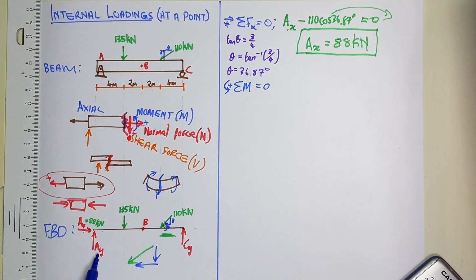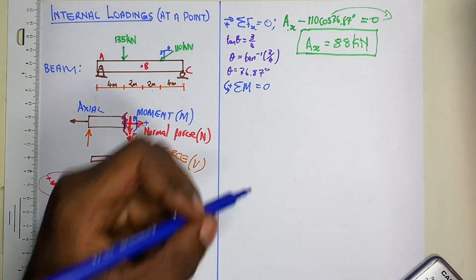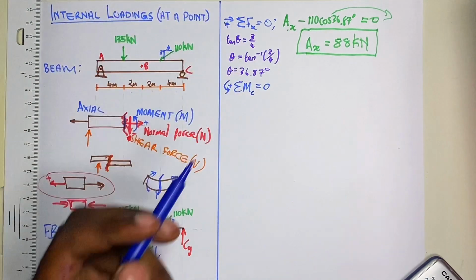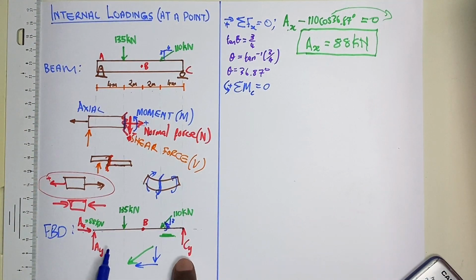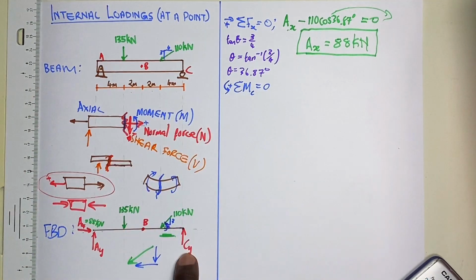Now I'm going to solve AY first, so I'm going to use C as our point of rotation. The sum of all moments about point C must be equal to 0. Which moments are those?